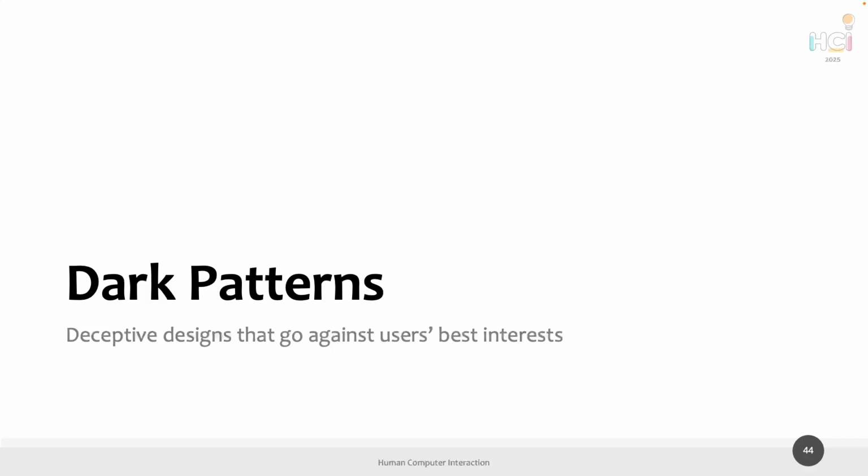Unfortunately, design patterns can also be used in the interest of the company, but not in the interest of the user. And here comes the concept of dark patterns. So it's something that we should try to avoid. So we must know this kind of design patterns in order to develop better interfaces.